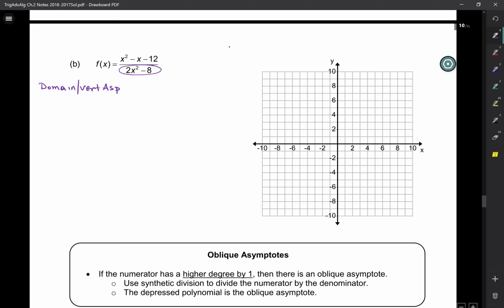So for domain and vertical asymptotes, it's essentially the same process. I'm going to take the denominator and set it equal to 0. This is basically what we learned in this class.